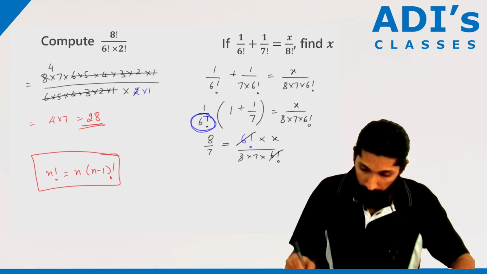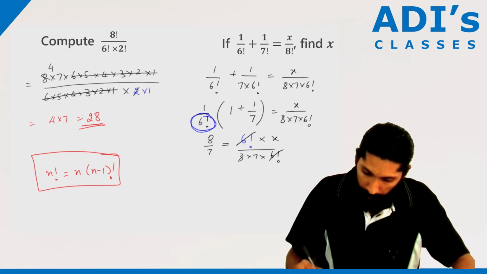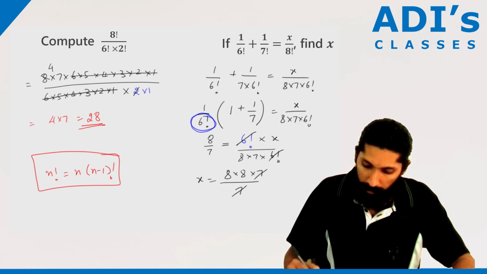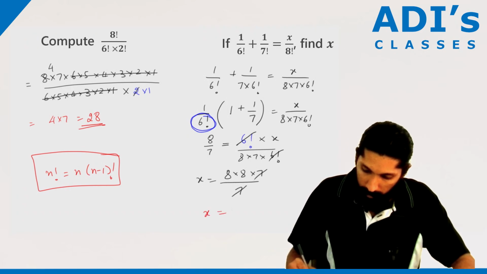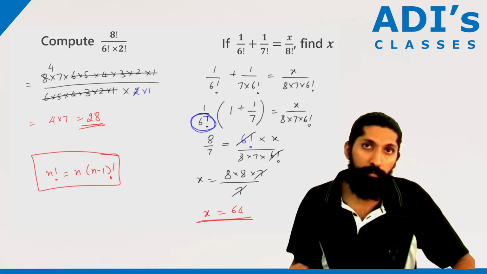Alright. Now, you can cross multiply and simplify. x is equal to 8 into 7 by 7. 7 and 7 cancel. So what do you get? x is equal to 64. The answer for the second problem becomes 64.